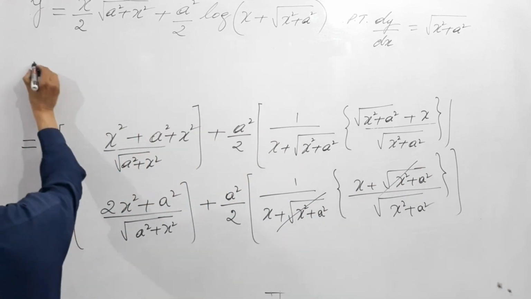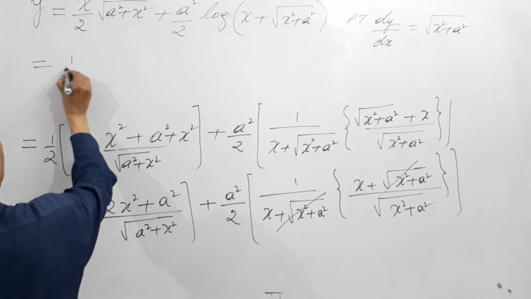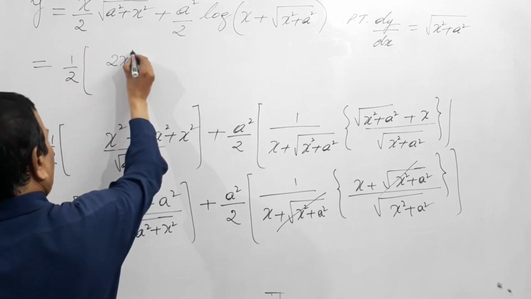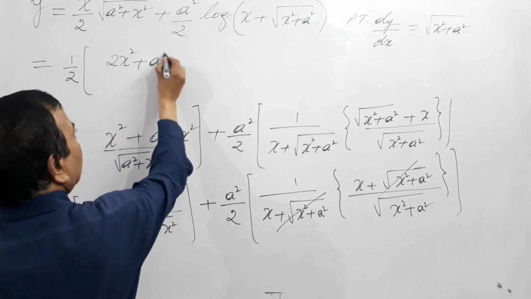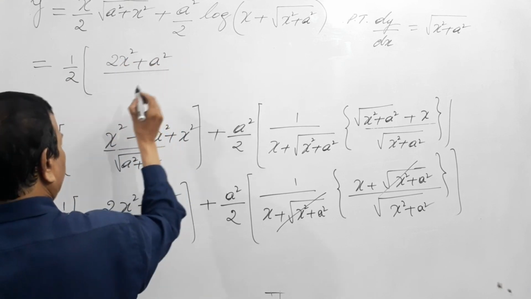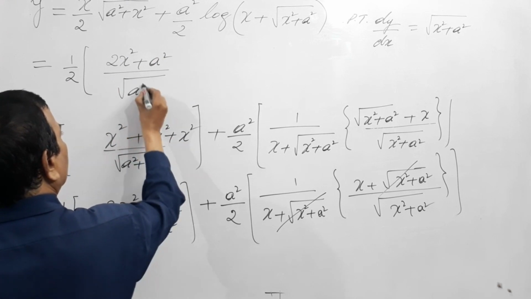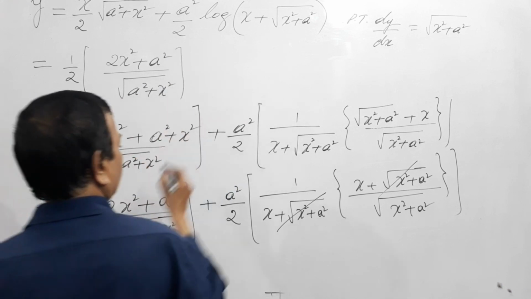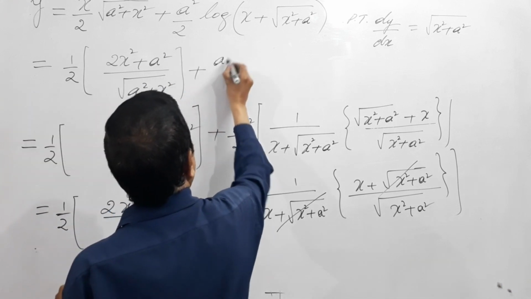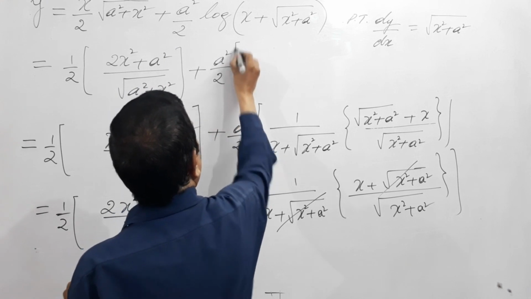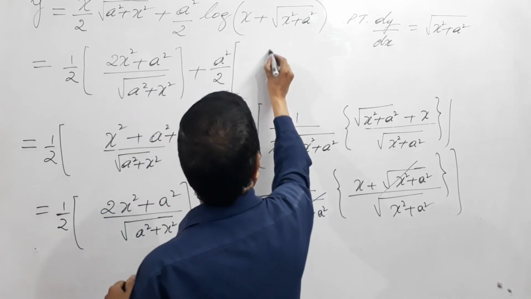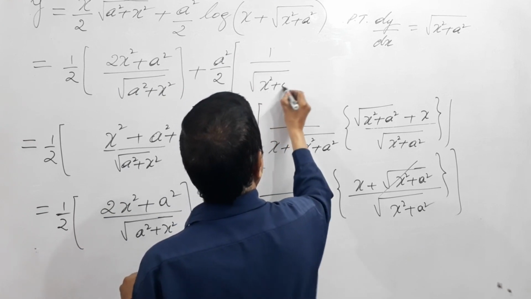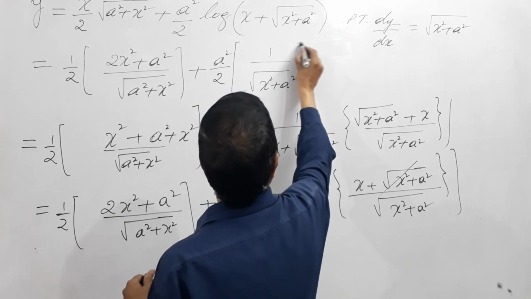I rub this. So that is nothing but half into 2x square plus a square divided by a square plus x square, plus a square by 2. So we have 1 by under the root x square plus a square.